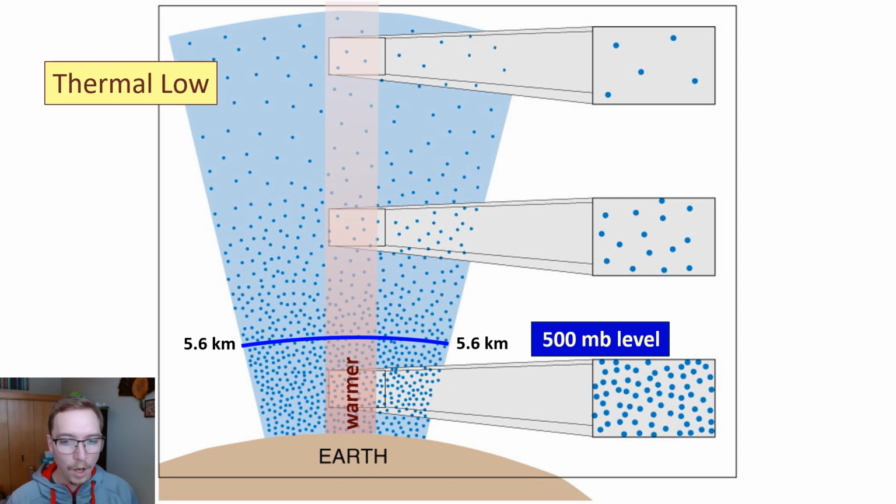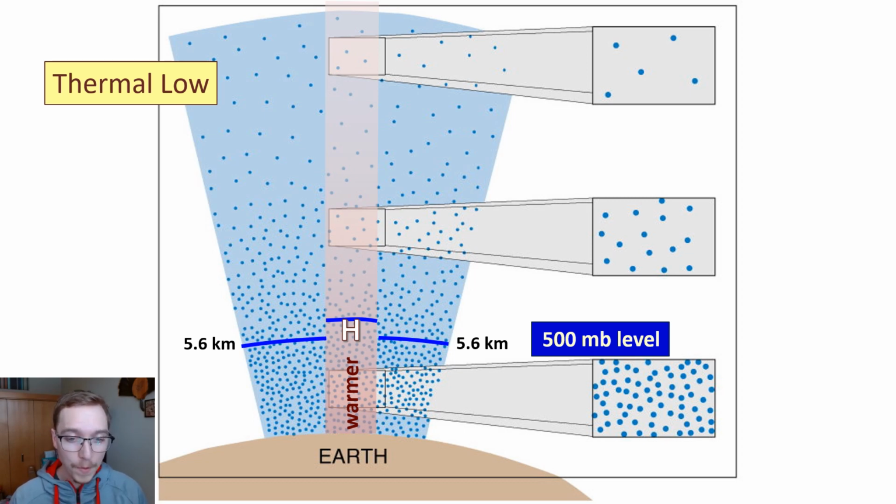So if we were to look at this example, if the mass was warmer than the surrounding air, it would rise because the mass would be of lower density. So this means that there would be diverging air aloft and converging air at the surface. Remember that because we have a warmer parcel of air, those particles are more excited and the density is lower.